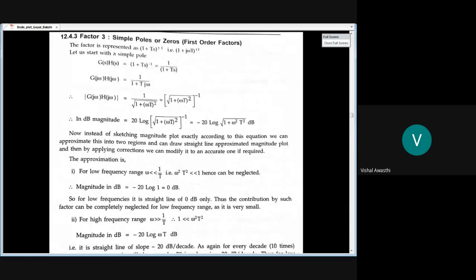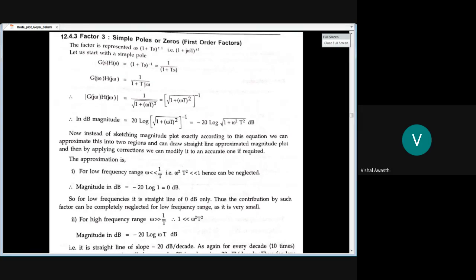And for your high frequency zone, you are having magnitude in dB, that is minus 20 log omega t. And when you expand log omega t, you can also write log omega plus log t by the property of logarithm.